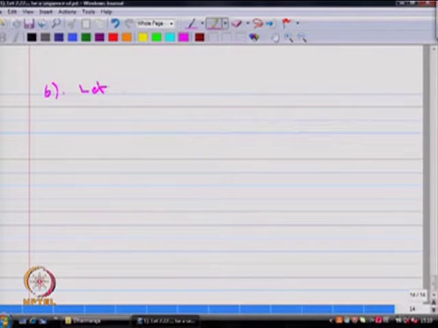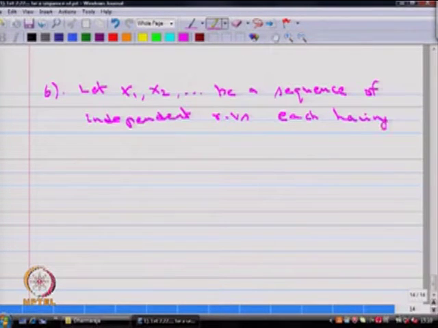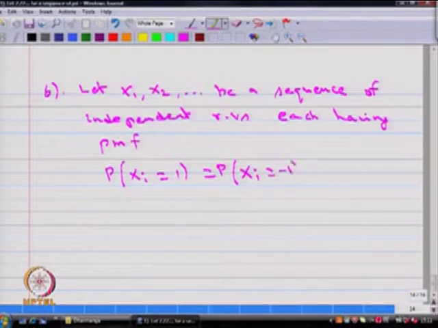Let X1, X2, and so on be a sequence of independent random variables, each having probability mass function: probability of Xi equal to 1 is the same as probability of Xi taking the value minus 1, and the probability is 1 by 2.